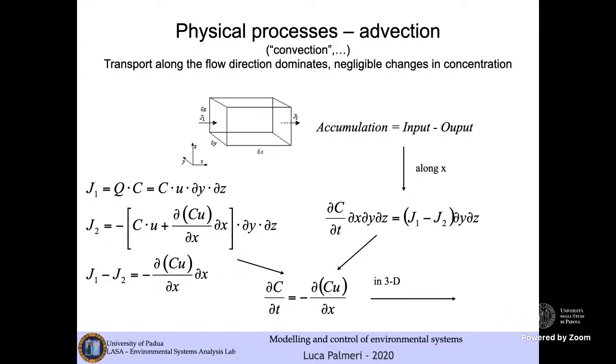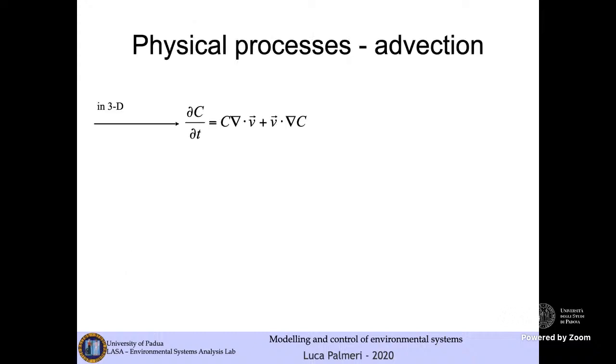and if you generalize it in 3 dimensions, we end up with this differential equation, which has maybe new to you differential operators. This is the divergence of the vector V. V is a vector representing the speed of the flow.